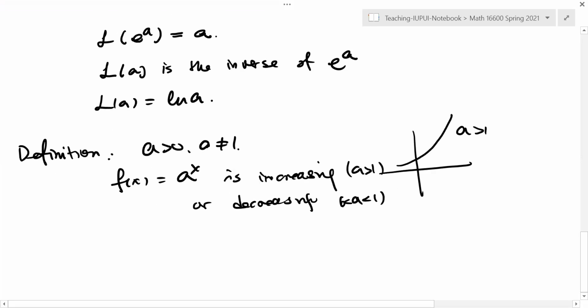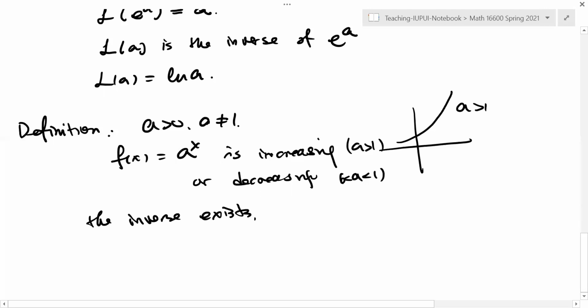So the inverse exists. How do you denote the inverse? We are going to denote it by this function, the inverse function.